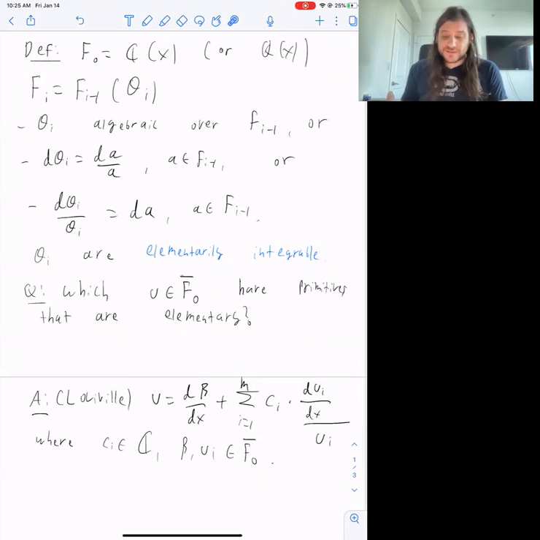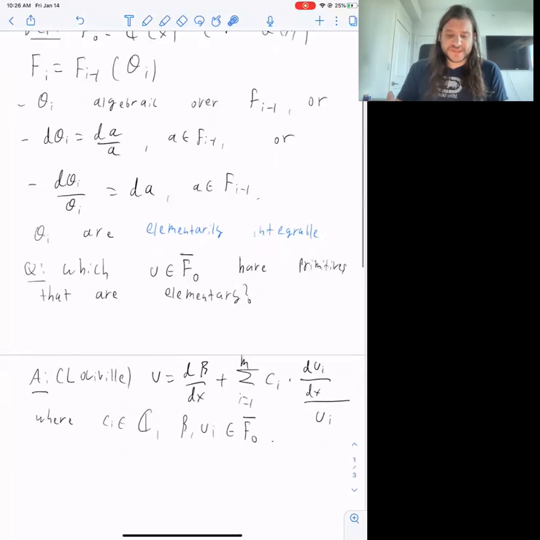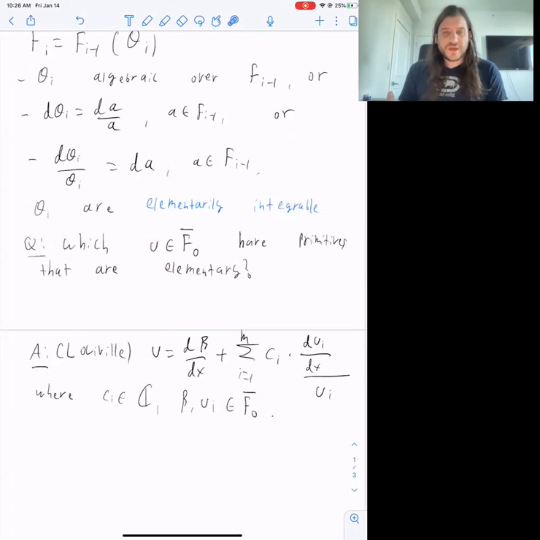All you really need is log, and you only need log once. Once in the sense that you don't really get any benefit from allowing compositions. All you should really allow are algebraic functions and logs of algebraic functions as far as searching for these extensions. So that's the first thing to notice.